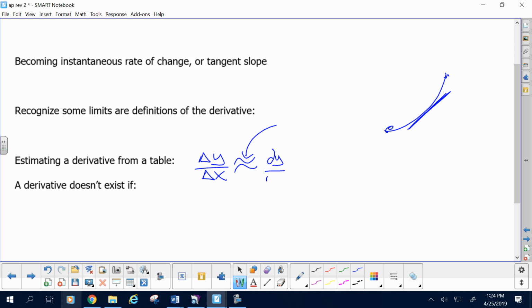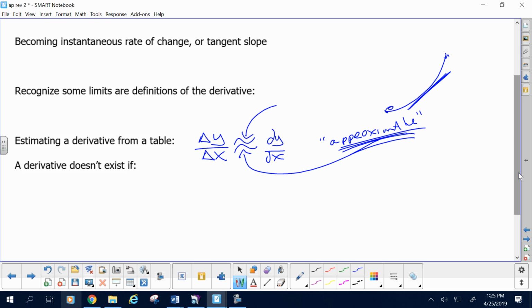Please, I beg you, when you see approximate or estimate on a free response question, underline it when you get to it to remind you to say approximate. That goes for estimating a derivative, estimating with the tangent line, or estimating area under a curve with the Riemann sum. They grade based on whether you say it equals. It's not equal, it's an estimate, so be careful.